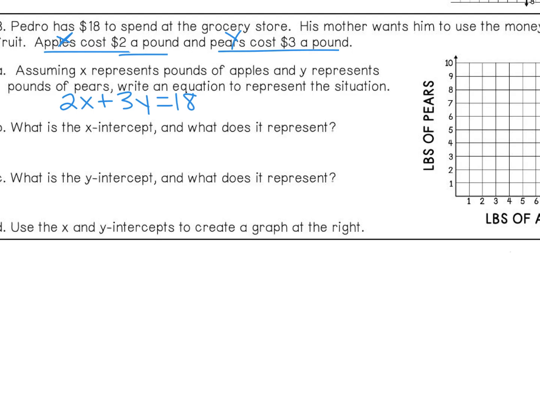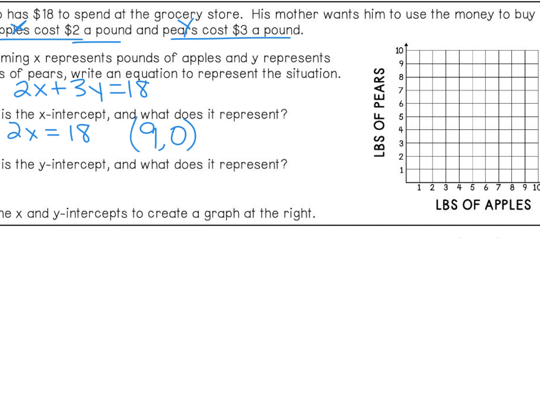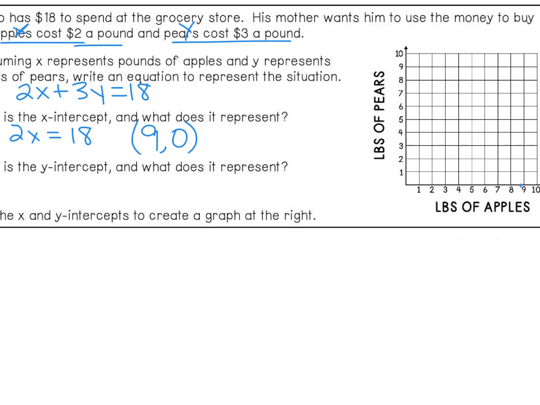How are you going to find this x-intercept? Cover up the y. So when I do that, what is my x? X is 9. Okay, so here's the key. What does it represent? So if I come over here to my graph and I put a dot at (9, 0), what is that saying?